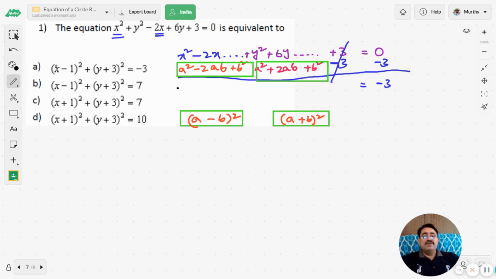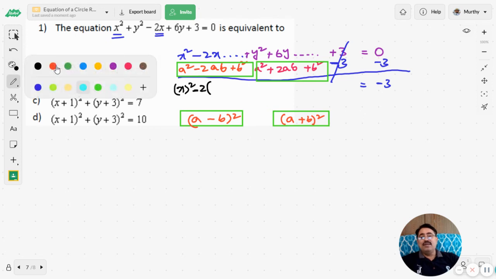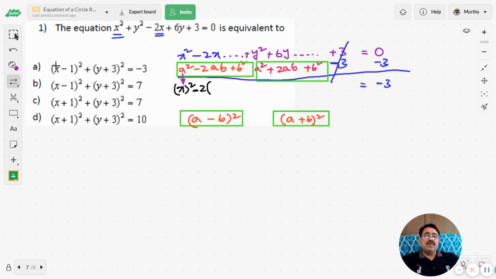Well, this is x square minus, I'm trying to match with this 2 times a. You please see that the value of a is, just I'm using arrows. A square is x. Oh, let me use a different color. Maybe, yeah. So a square is x square. 2 is there. You know what to write a. What to write b, that's what you have to guess.